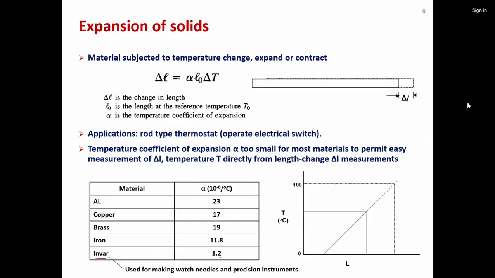It is just about 1.2 into 10 to the minus 6 per degree centigrade. That is why INVAR is typically used to make precision instruments, because if there is a change in temperature between, let's say, winter and summer, the precision instrument is not going to be affected much, because the coefficient of expansion is very, very small.